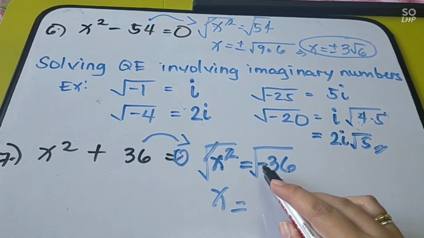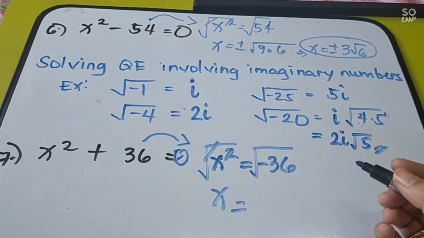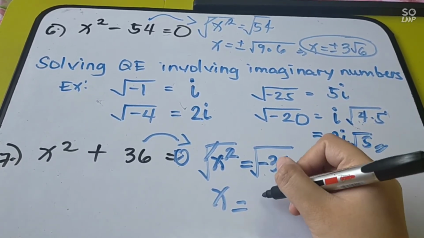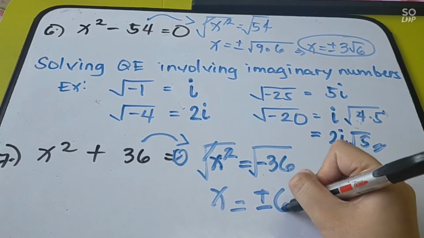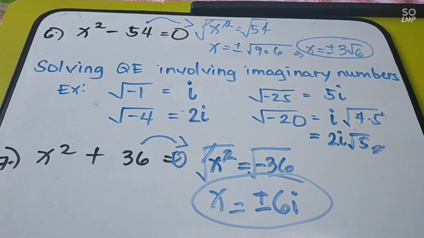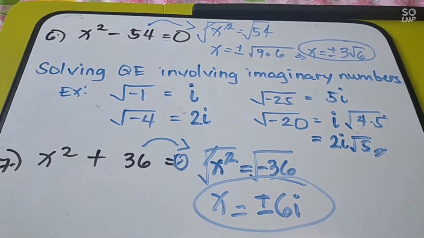We have the square root of a negative number. Therefore, we will have imaginary numbers. Since 36 is a perfect square, the answer is positive and negative 6i. Okay? So, always remember the positive and negative. Is it clear? Let us have number 8.